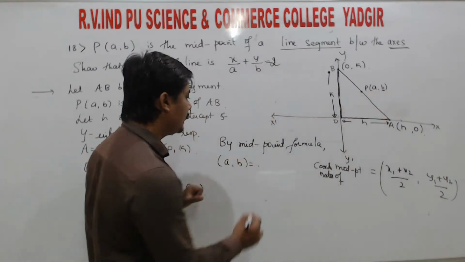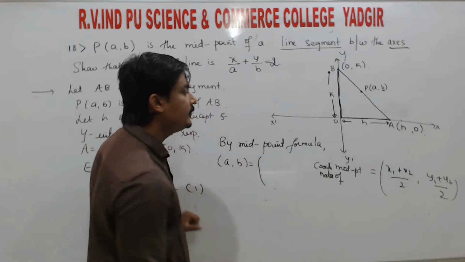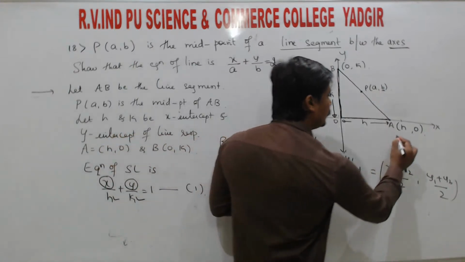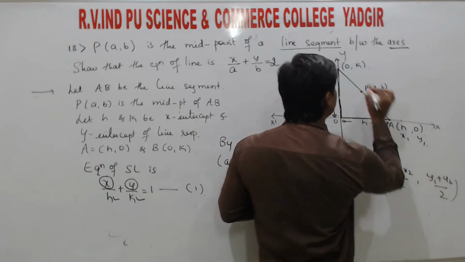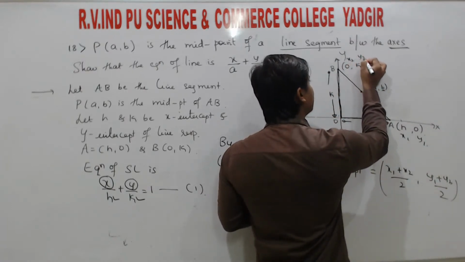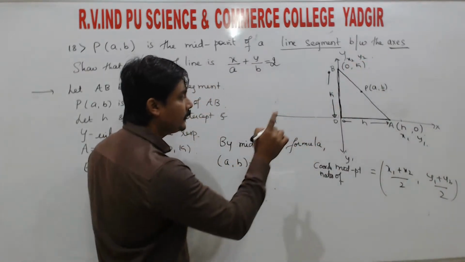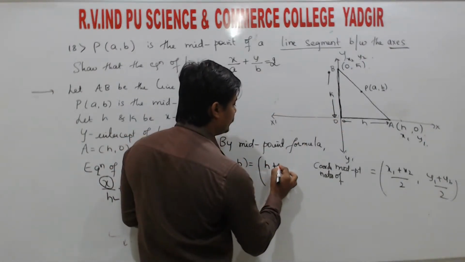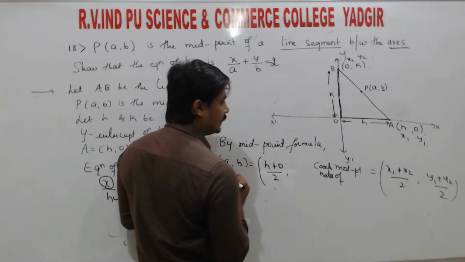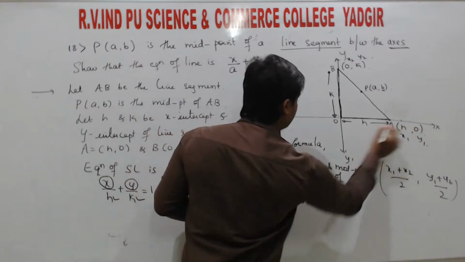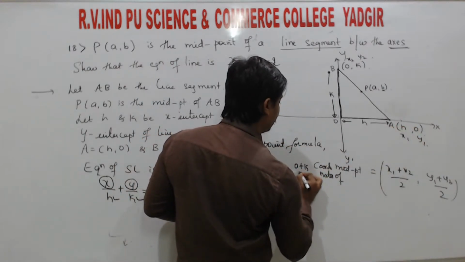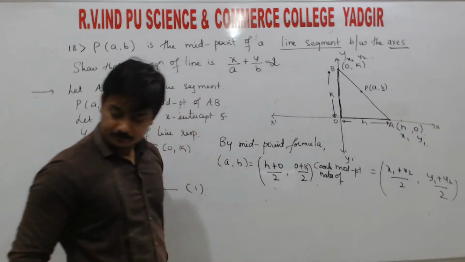ಹಾಗಾಗಿ left side a comma b ಬರ್ತಿದೆ. Right side (x1 plus x2) by 2. ಒಂದನ್ನ x1 y1 ಅಂತ ತಗೊಳ್ಳೋಣ, ಇನ್ನ ಒಂದನ್ನ x2 y2 ಅಂತ ತಗೊಳ್ಳೋಣ. So x1 is h plus x2 is 0, by 2. (y1 plus y2) by 2: y1 is 0, y2 is k, by 2.